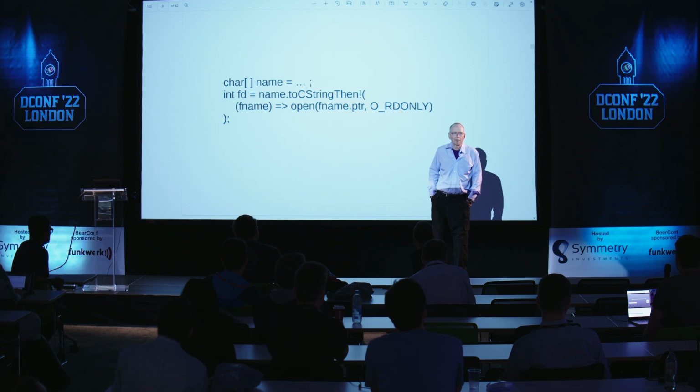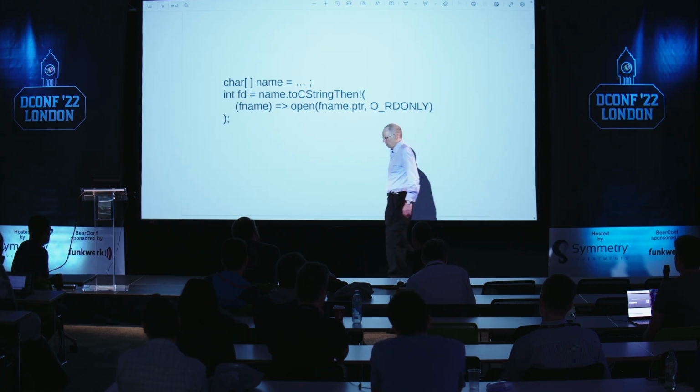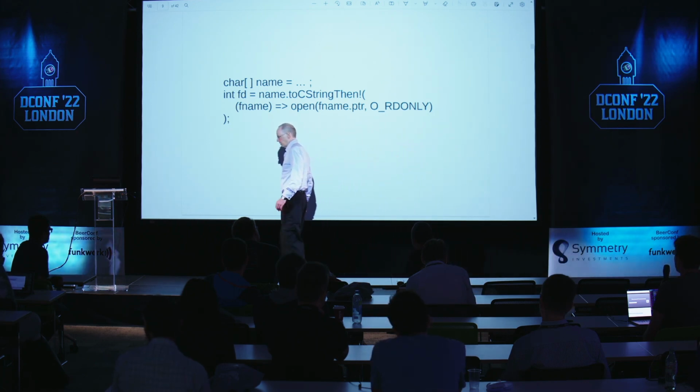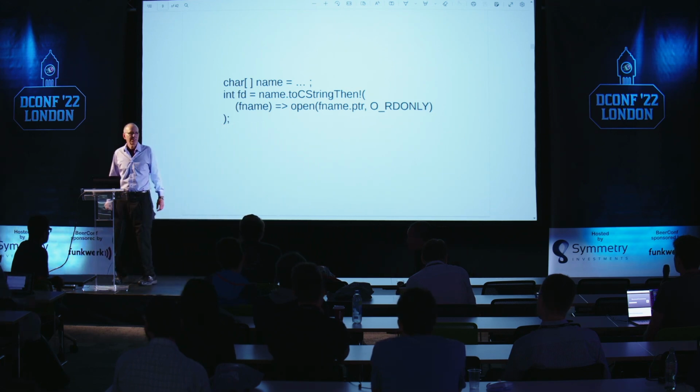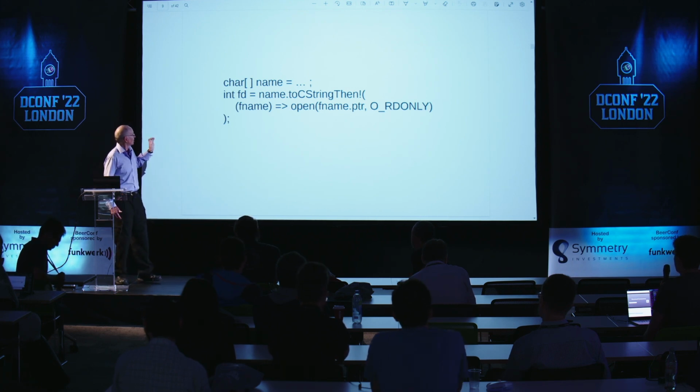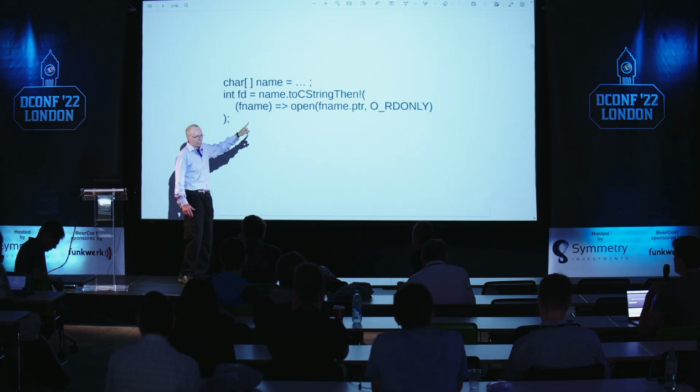Well, that's what I'd often do, but it pushes the logic into the caller. And that's what I was trying to avoid, is having all that logic in the caller. I would like to encapsulate it so I don't have to repeat the logic all the time. So that's the big advantage of this, is I just call toCStringThen and then call that C function.